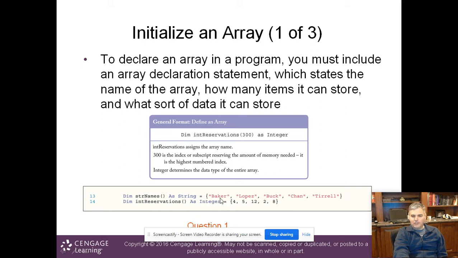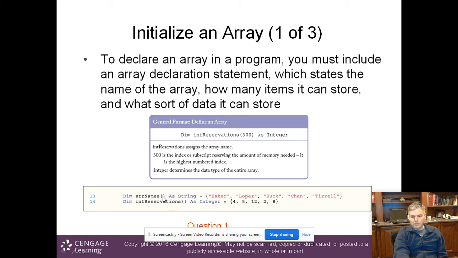Just like if we had a regular string declaration, we'd set it equal to just one value. In this item, we're setting it equal to 1, 2, 3, 4, 5 values, okay? Same thing here: reservations as integer, we have 5 values in this array. The only difference you can see here is really the parentheses.